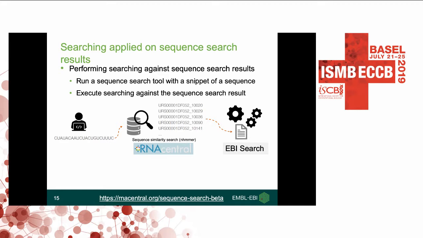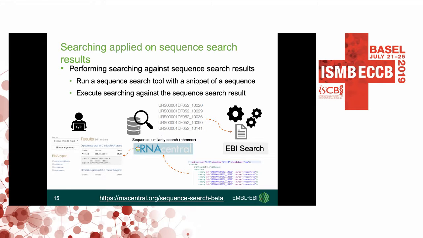EBI Search has already indexed the latest metadata of all RNA Central entries. So using the RNA Central index and the outcome of the sequence similarity searching tool, we can give back to RNA Central a list of entries and the relevant facets. And RNA Central displays this result on the web interface for the user.